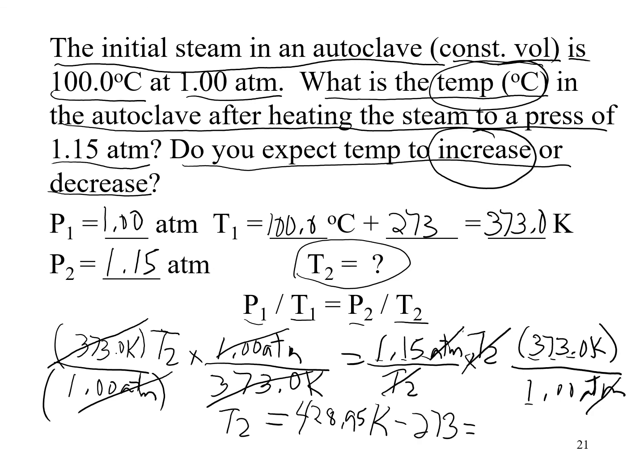And that will give us an answer of 155.95 degrees Celsius. Then we want to, of course, always check our sig figs in our final answer. The one with the smallest amount is atmospheres, which has 3 sig figs. So our final answer should have 3 sig figs. So this would be 156 degrees Celsius for our final temperature.